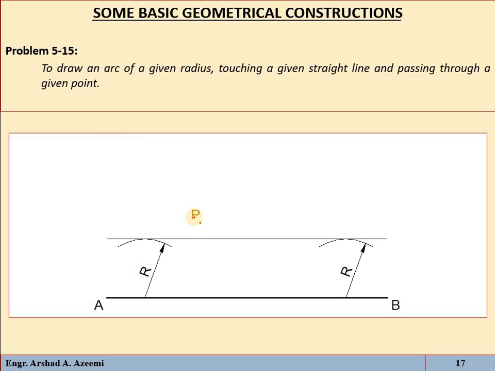Now with center P and radius equal to R, mark here an arc. Now with center O and radius equal to R, draw the arc. So see, the arc is passing through point P and touching the given line AB.